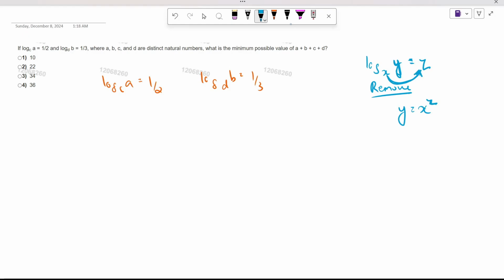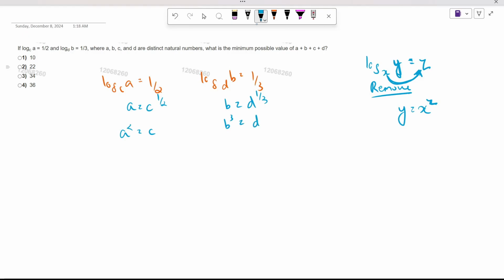If we apply this logic here, a would be here and c would be to the power 1 by 2, and b would be here and d would come with 1 by 3 in the power. Let's square this, so a square is equal to c and b cube is equal to d.